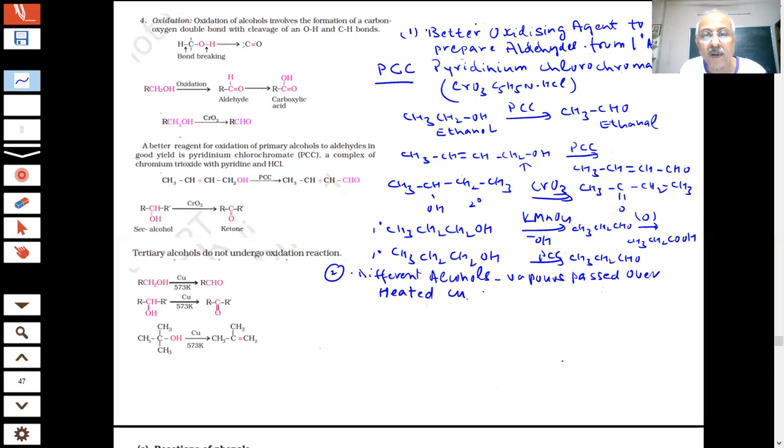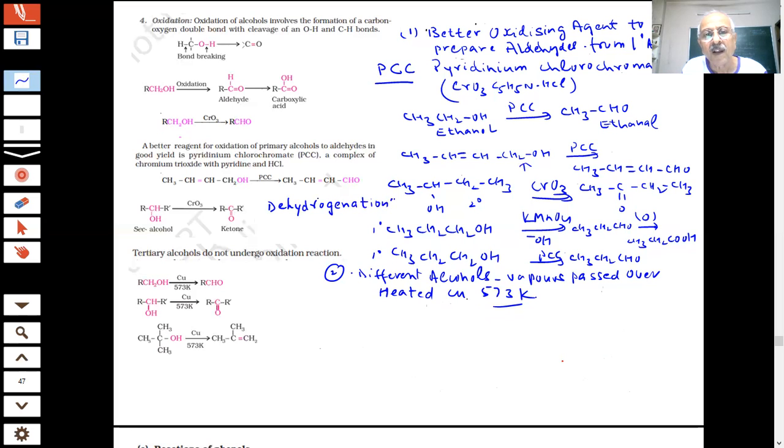Heated copper at 573 Kelvin. At 573 Kelvin, what happens? Again, oxidation is possible. These are all examples of dehydrogenation. Yes or no? Tell me.